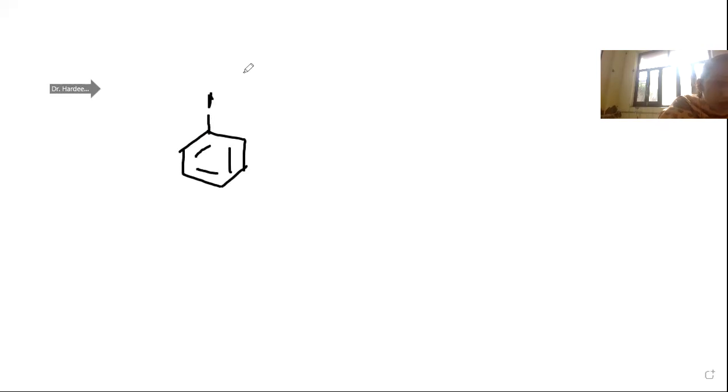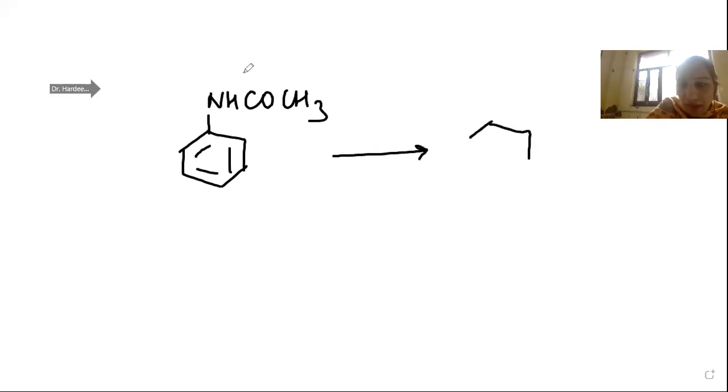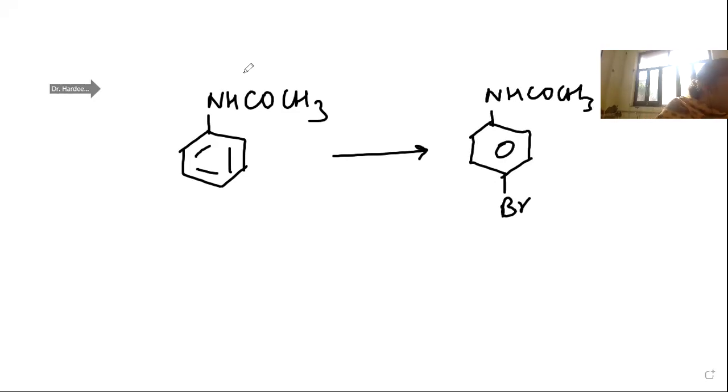So this is your acetanilide, right? Since we want para-bromoacetanilide, at the para position we will be needing bromo, with COCH3. Normally we use bromine as a source of bromo, and we carry out the reaction in glacial acetic acid.